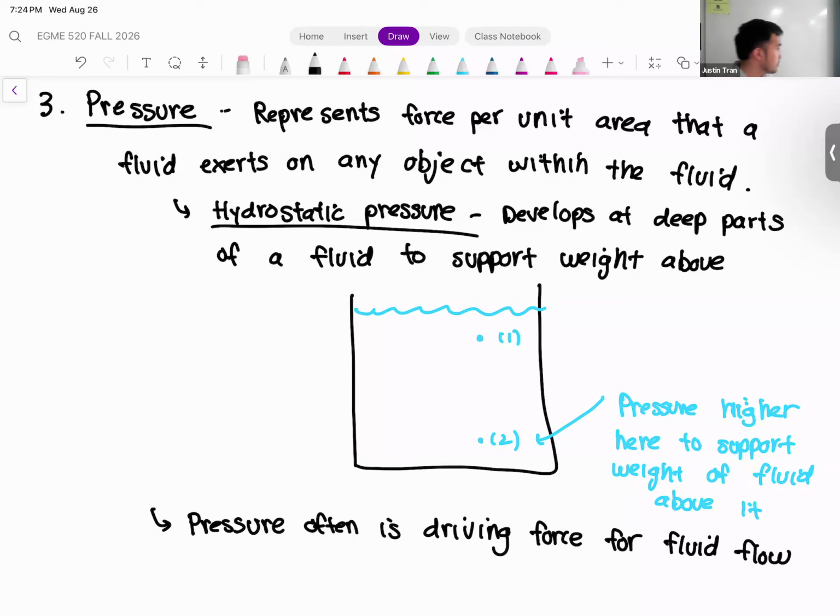Most notably in internal flows, flows that are bound on all sides, like flow in a pipe. Pressure is often the driving force that drives that flow.